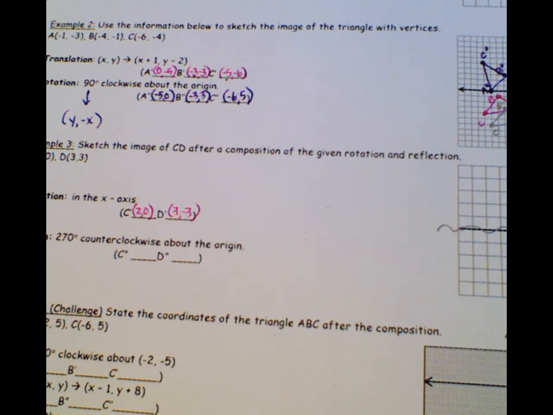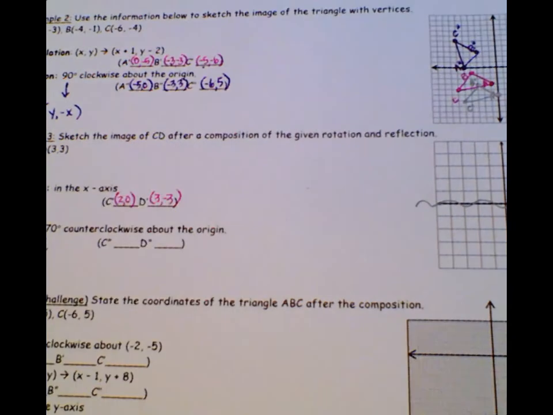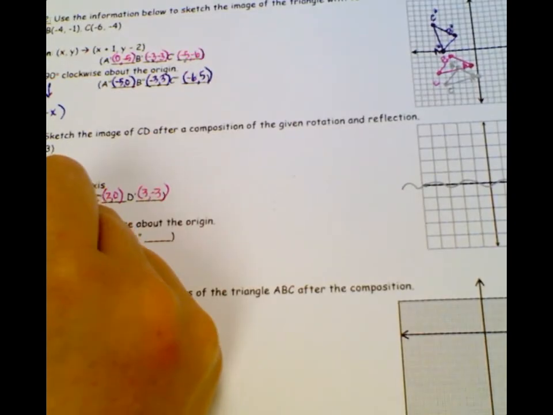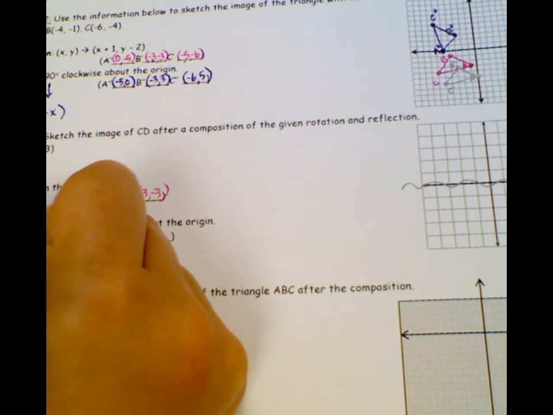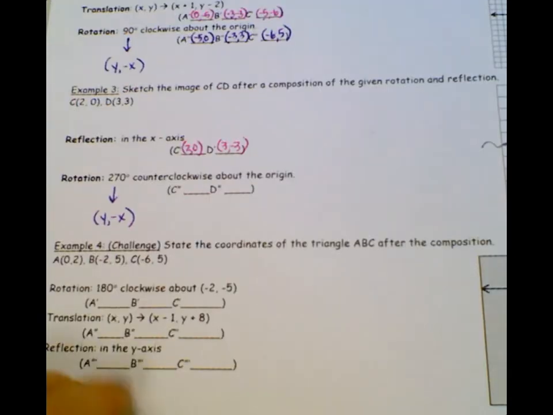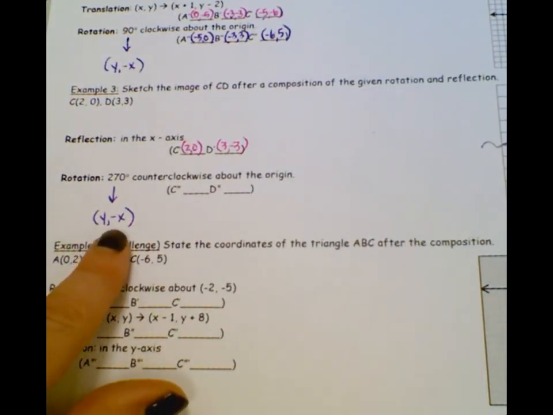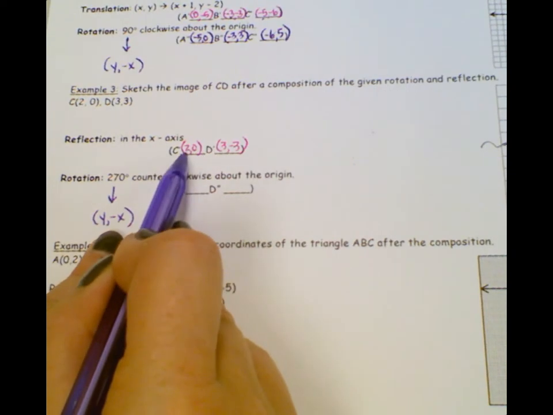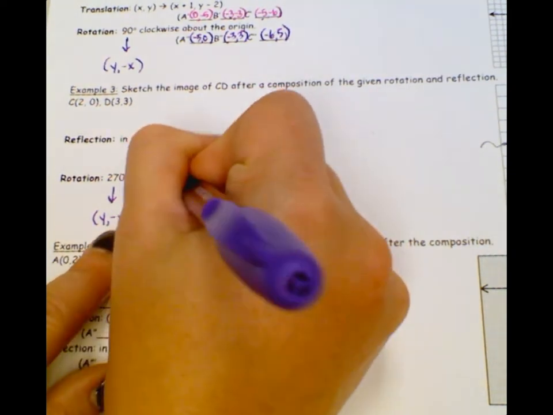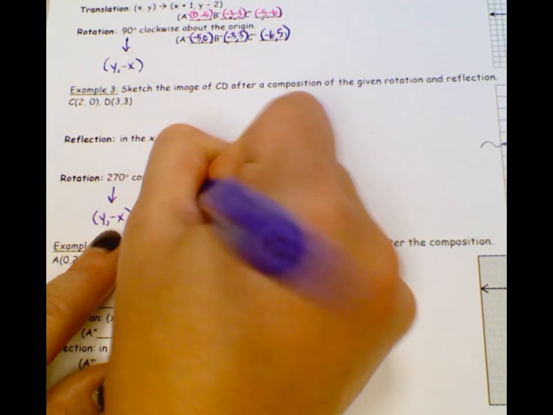All right, 270, ooh, counterclockwise, guys, counterclockwise, which means it's the same thing as 90. So we are doing (y, negative x) again. Change your x first, then flip it. So this 2 is going to go to a negative, then flip it, 0, -2.